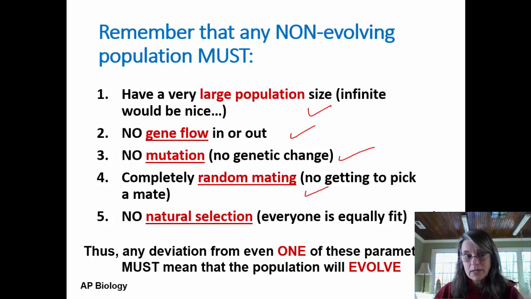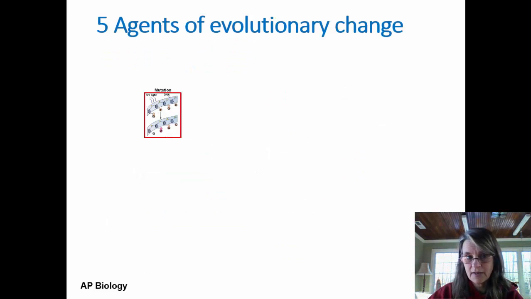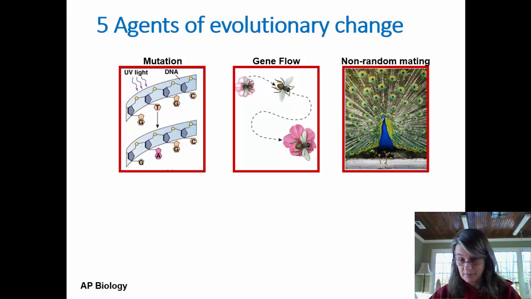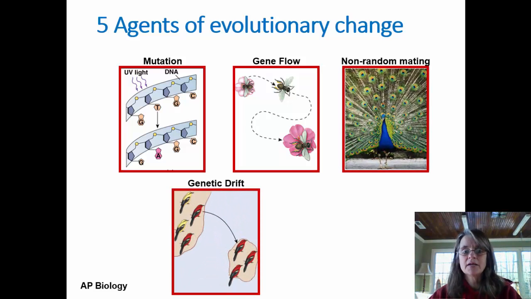So let's look then at those situations that can cause evolutionary change. Mutations, allowing genes to flow between populations, non-random mating as opposed to random mating, genetic drift. Now that's the one thing that's not really recognizable as part of their parameters for not allowing evolution.